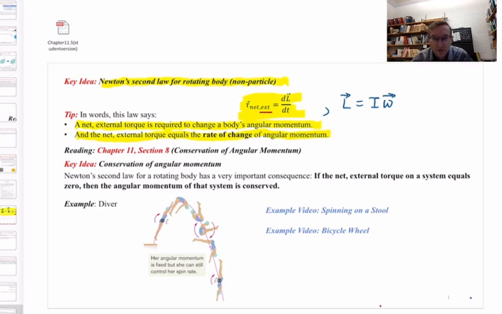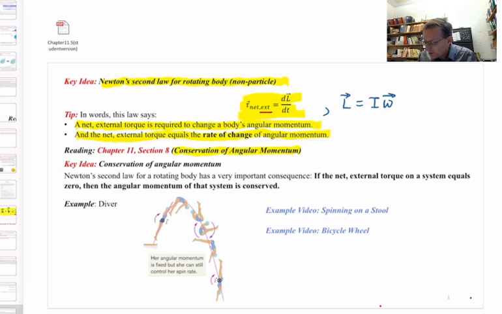Apply an external torque. Now, let's talk about an important consequence of that idea. And that's where chapter 11, section 8 comes in, and our third conservation law in this class, conservation of angular momentum. Newton's second law for a rotating body has a very important consequence, and it is this.